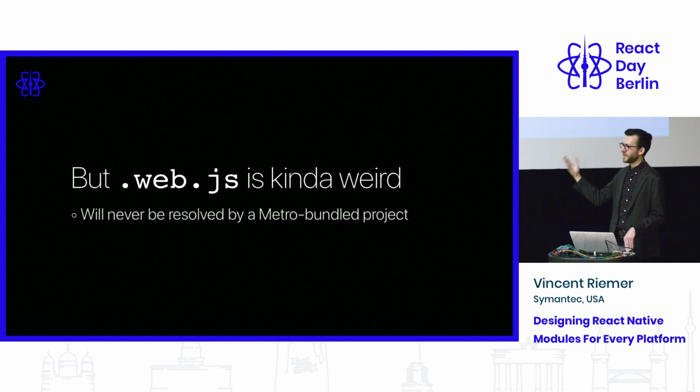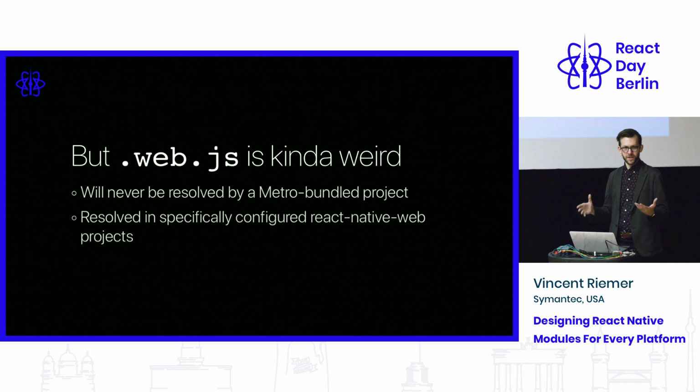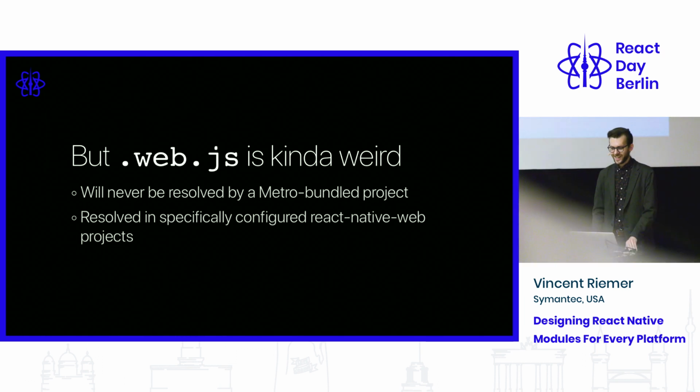So it's kind of a different world. It will only be resolved in specifically configured React Native web projects. And I see that sometimes it's more equivalent to the .native, but for the web. But it's also React Native. It's strange, and I just felt like I should point that out.